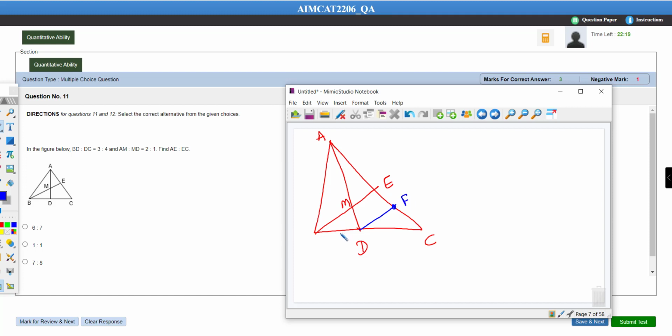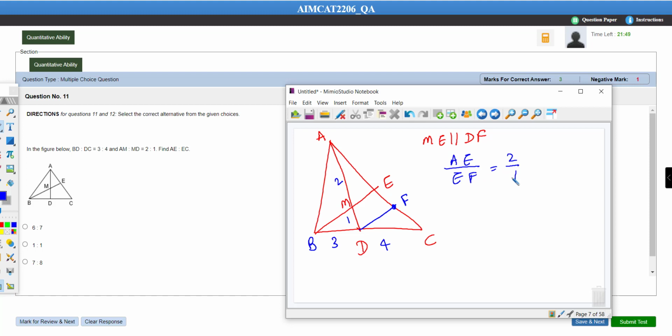So we know that BD is to DC is 3 is to 4. Okay, this is point B. BD is to DC is 3 is to 4, and AM is to MD is 2 is to 1. Okay, so look here, over here ME is parallel to DF. So we can use the basic proportionality theorem here. AM divided by MD is 2 is to 1, so AE divided by EF is also 2 by 1.